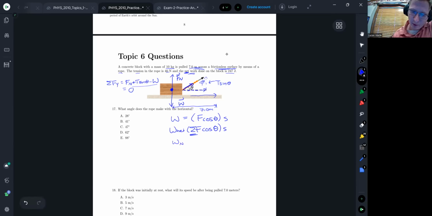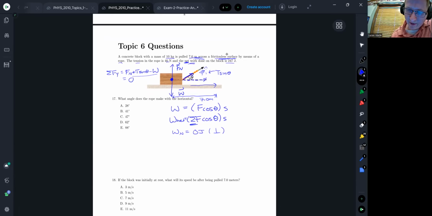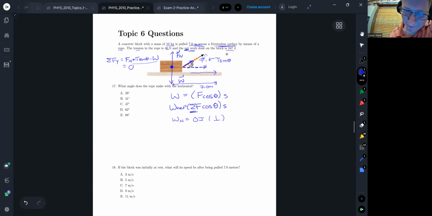So work done by normal force is 0 joules. And that's because, I haven't used this in class, but has everyone seen this before? It's not a flat but, it's perpendicular sign. Yeah, I've seen it. I'm familiar. Okay, and same with the work done by gravity.